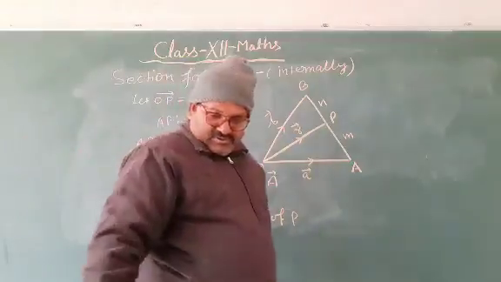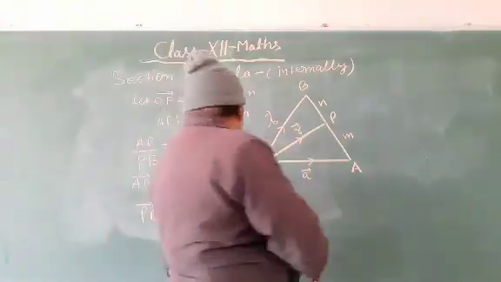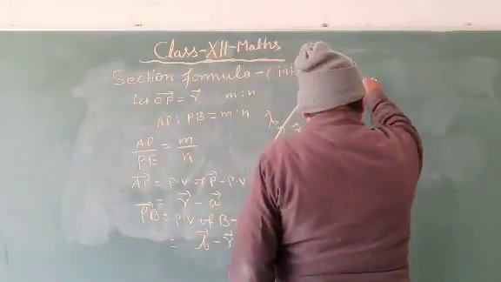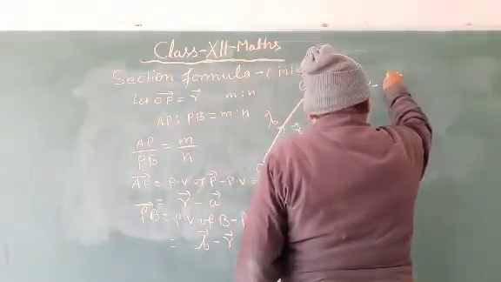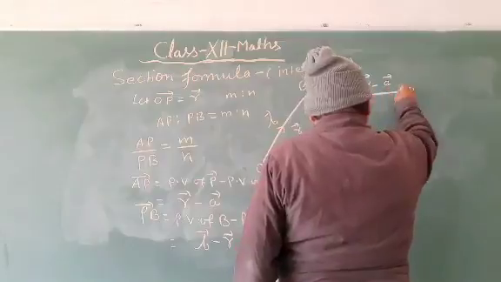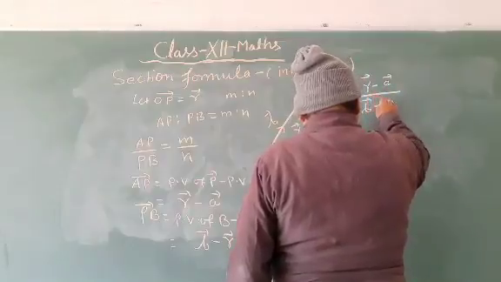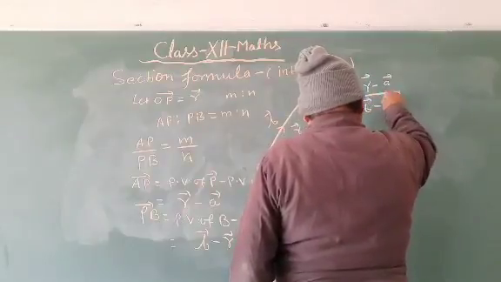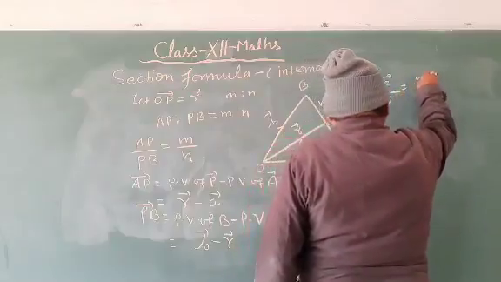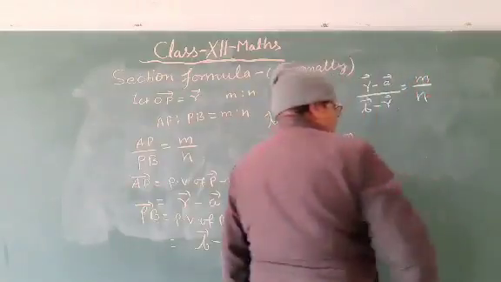So therefore, vector R minus vector A upon vector B minus vector R is equal to m upon n.